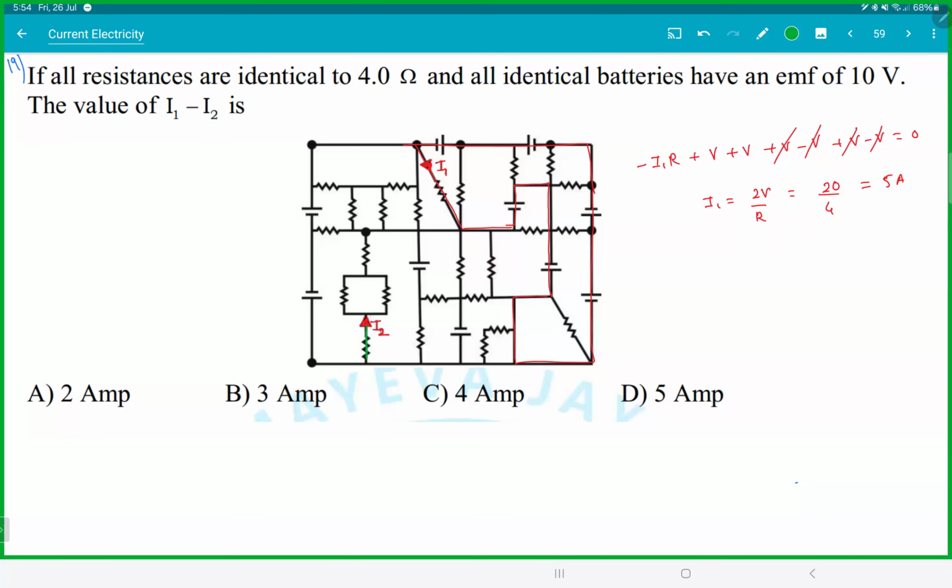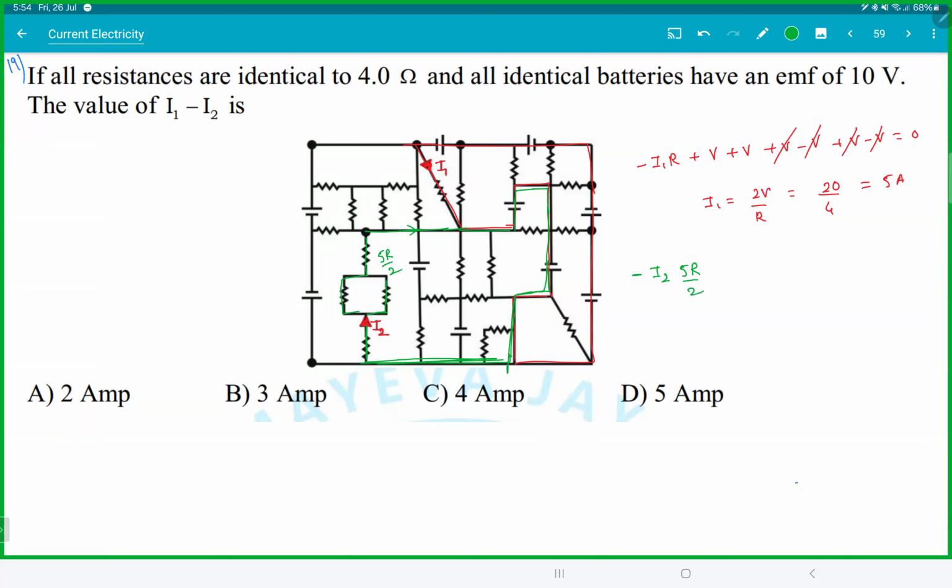Now here when I go, remember this entire thing R equivalent is how much? R, and this is R by 2. This entire green thing is 5R by 2. Then you go like this. I have to go like this only. But here I'll take a diversion like this. So here the equation would be minus I2 5R by 2.